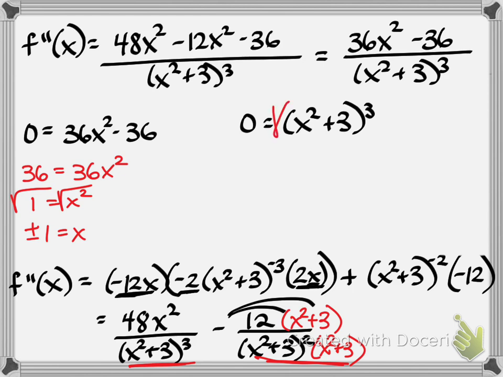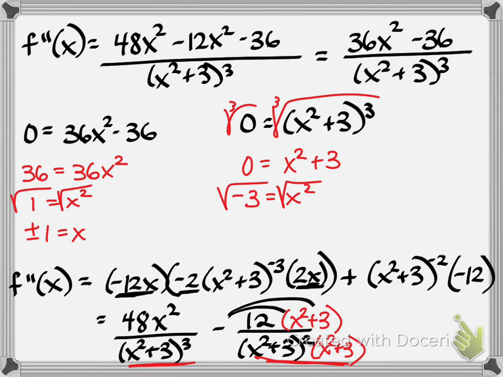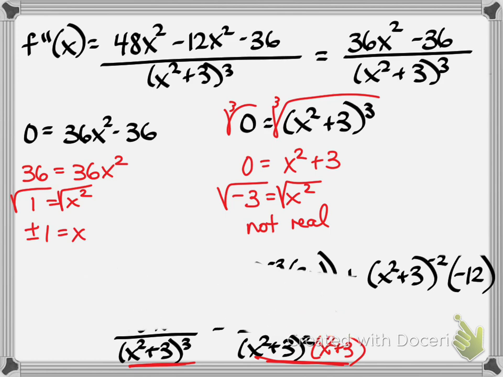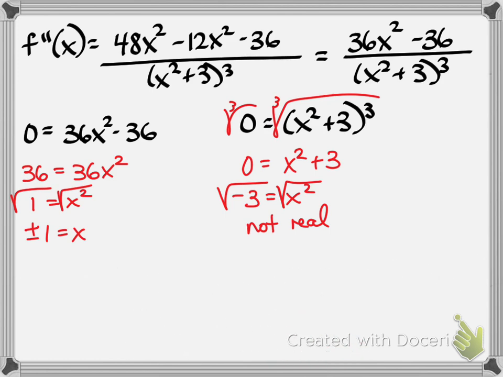And here we're going to cube root both sides. We're going to subtract the 3. And then do the square root, and that's imaginary, so it's not real. So we won't get a point of inflection from it. So our possible points of inflection are plus and minus 1.